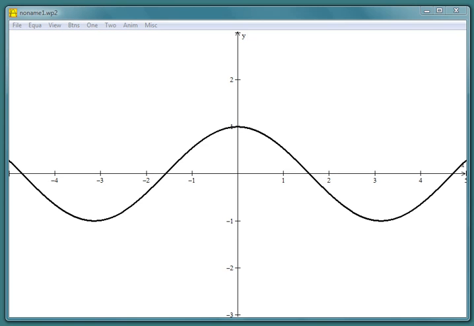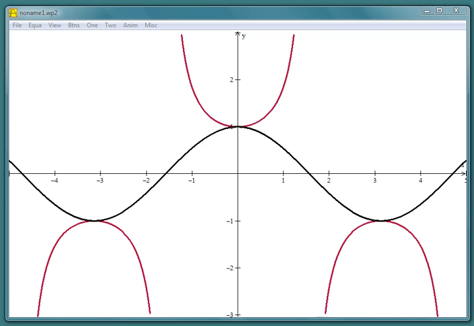I'll add that on at this point. And so the graph that you see in the reddish color there is the graph of the secant function. And I say that the secant rides piggyback on the cosine. So you draw the cosine, and wherever you have the mins and maxes, you draw the right side up and the upside down u's. Wherever cosine is 0, you're going to have asymptotes for the secant function.